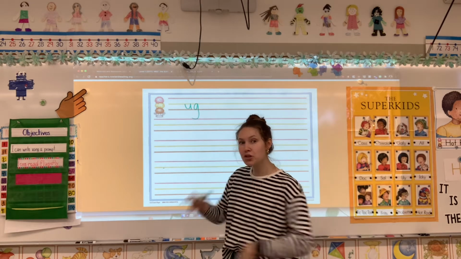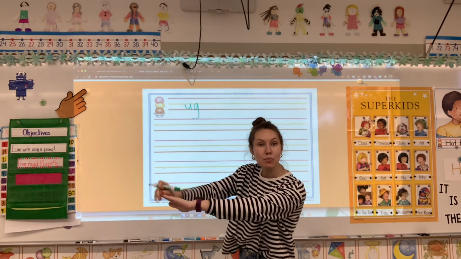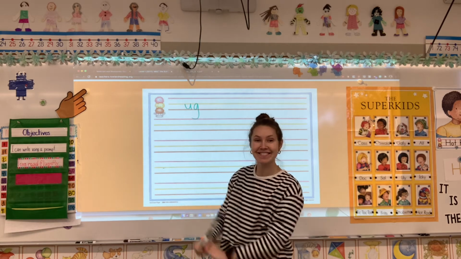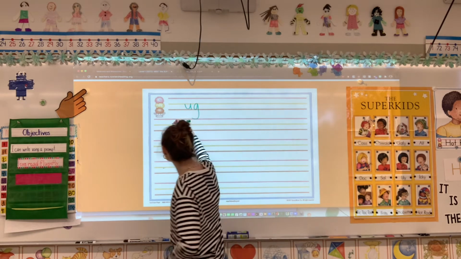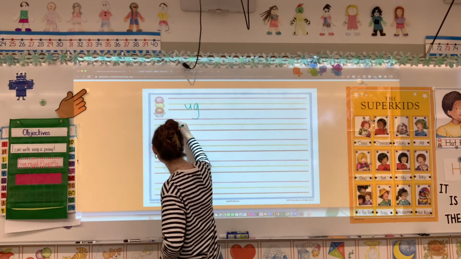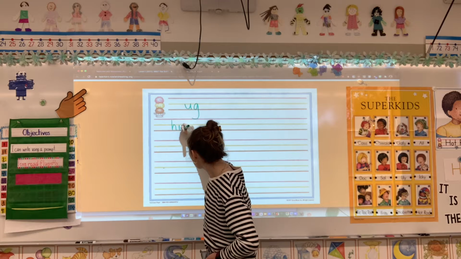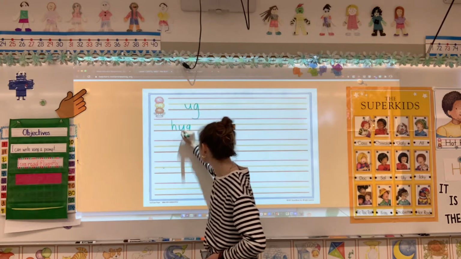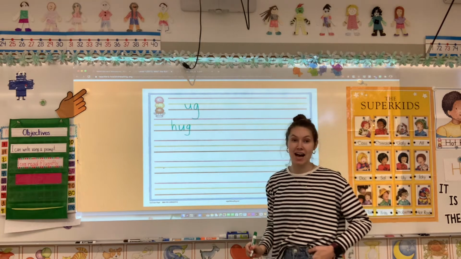Now, what letter do we need at the beginning of our UG family ending in the word hug? That's right, a letter H. So we'll start with the letter H, and then we're going to add that UG family ending. Hug. Our first UG family word is hug.